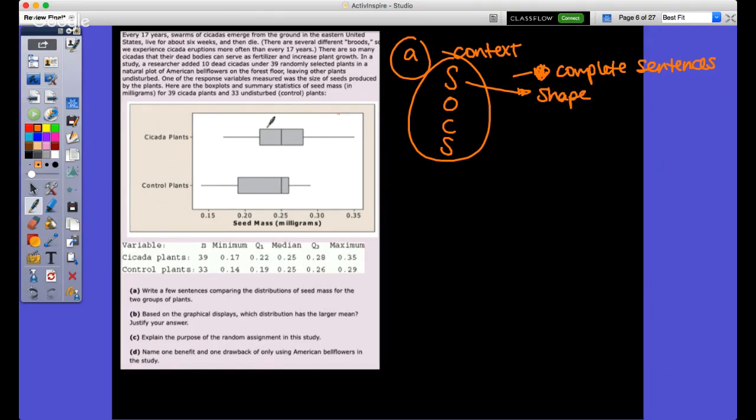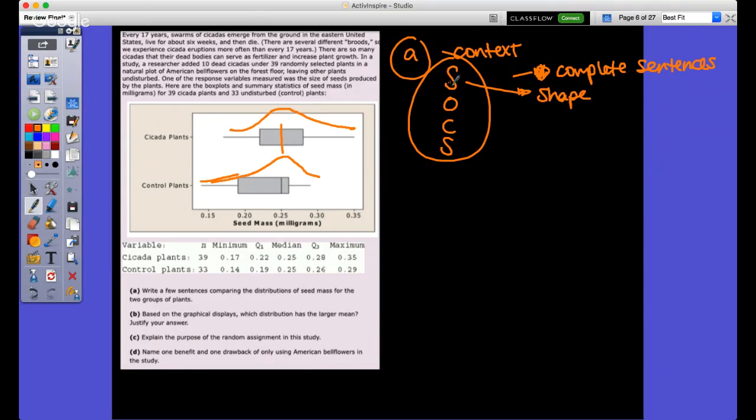Since the median is right in the center, this would be an approximately normal shape for the cicada plant, whereas the control group has the median more towards the right-hand side, making this skewed left.